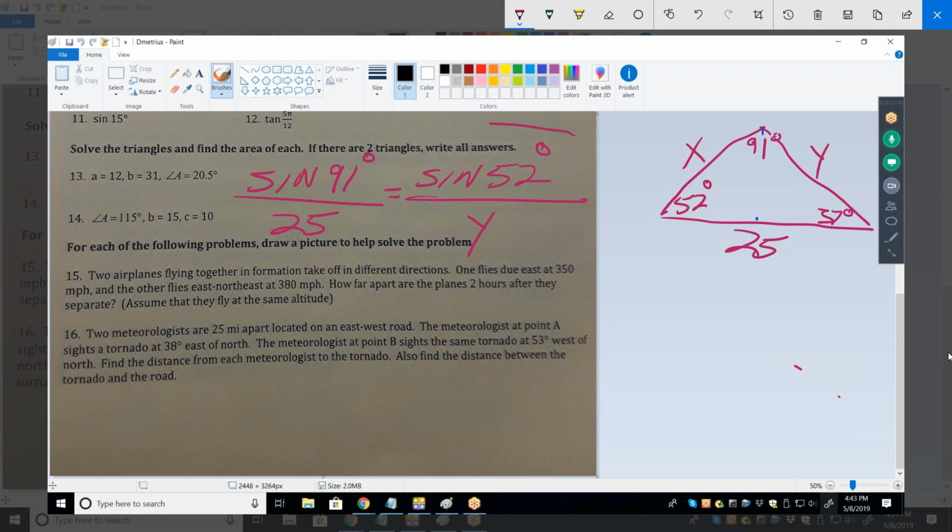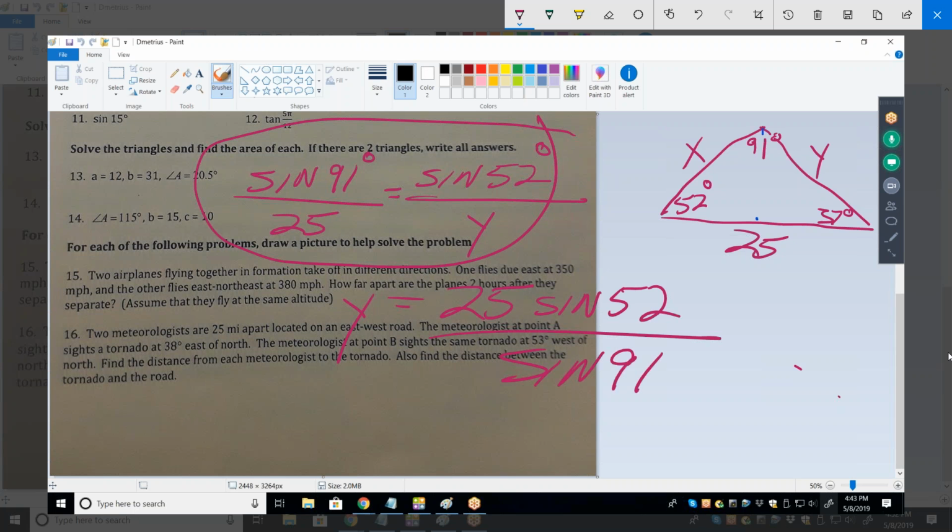Now, there's only one variable in that, and that's y. So if I cross multiply and then divide by sine of 91, you get this. Give me a number on that.